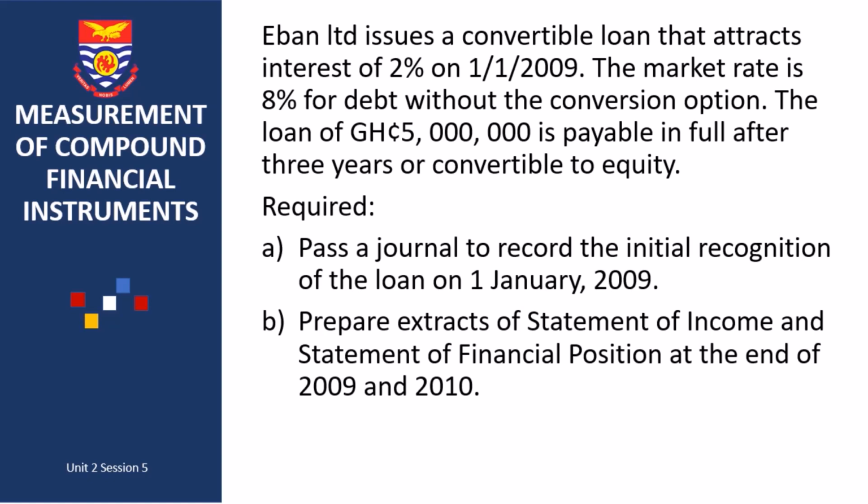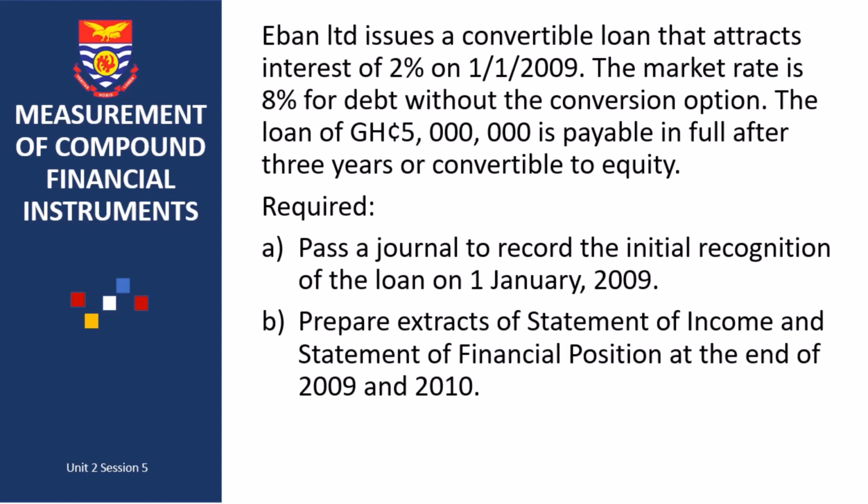The convertible loan was issued on 1st January 2009 at a rate of 2%, but the market rate is 8%. The issued amount is 5 million, which has to be paid in full after 3 years. So what are we supposed to do here? We have to pass a journal to record the initial recognition of the loan on 1st January 2009, and B, prepare extracts of statements of income and statements of financial position at the end of 2009 and 2010.